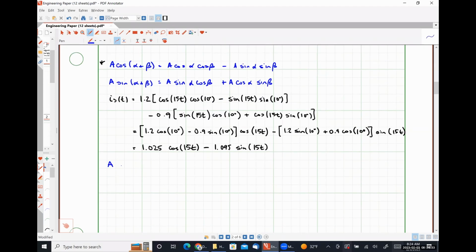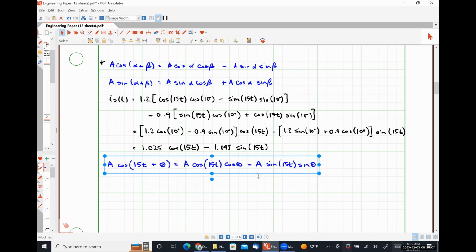So what I am saying is A cosine 15t plus some phase angle theta will be A cosine 15t cosine theta minus A sine 15t sine theta. Let me move this down one smidge here.